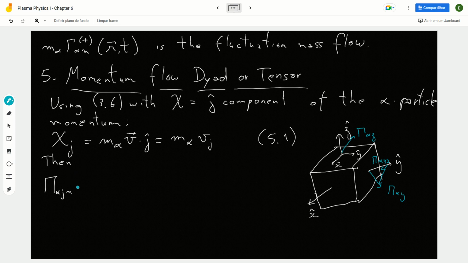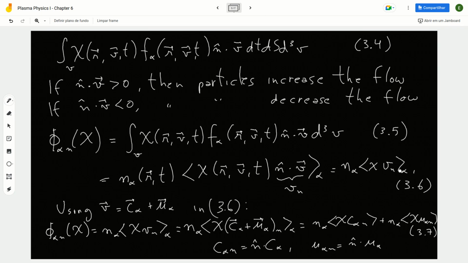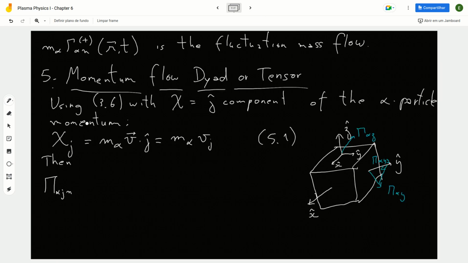We'll use it like this. So 3.6, right? So you get 3.6, and in place of chi, I will use a momentum. And in place of Vn, I'll write it like this, n dot v. We can write it in both ways. Let's just make it explicit here.